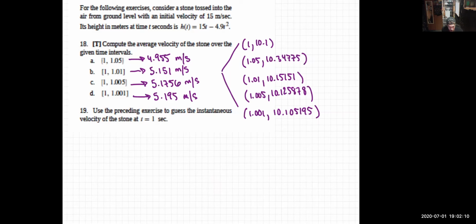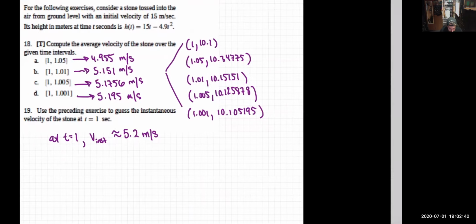So at t equals 1, we would guess that the instantaneous velocity is going to be approximately 5.2 meters per second. And when we get a little bit further into our study of calculus, we'll be able to see that the answer is truly 5.2, and we'll see how we can arrive at that answer.